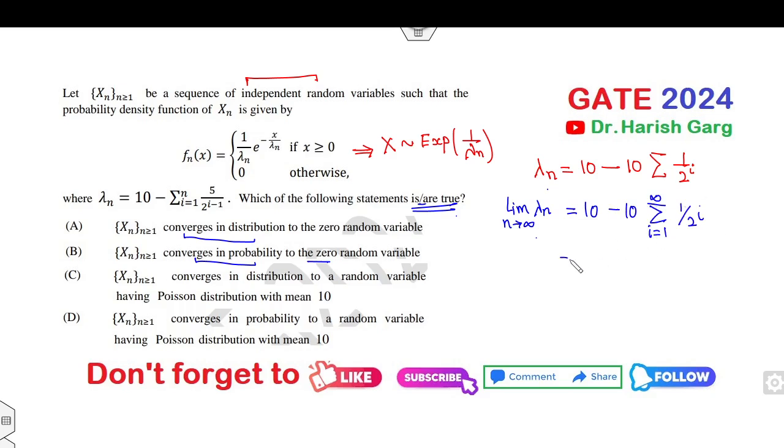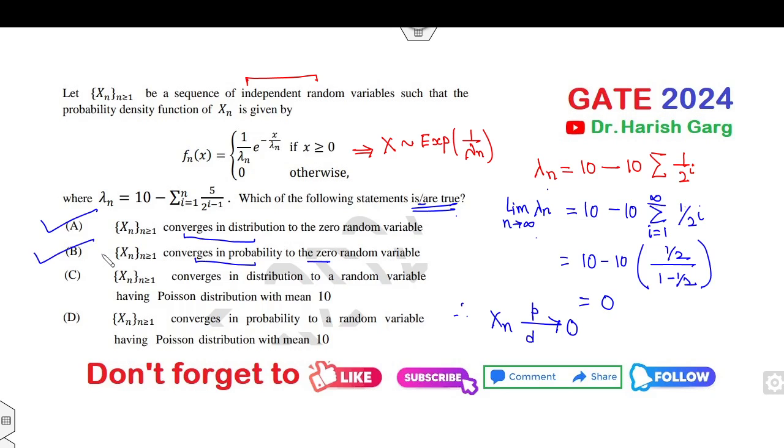So this is my GP series. What is the sum of the GP series? A over 1 minus r. That is 0. Fine. It's a half. It's a 0. That means Xn converges to 0 in probability as well as in distribution. So yes and yes.